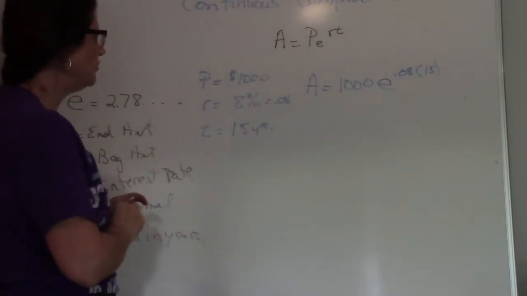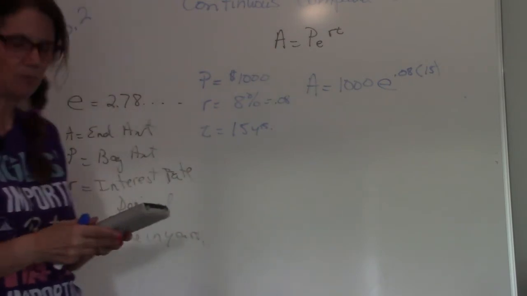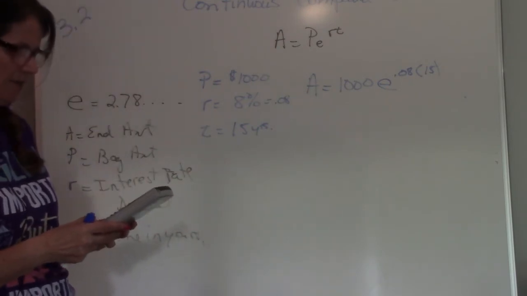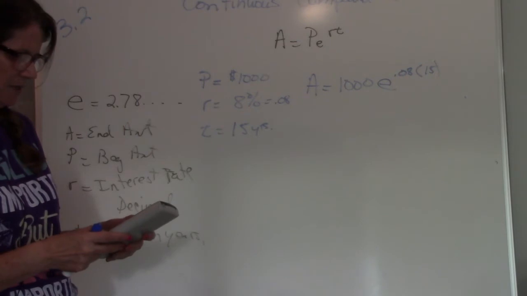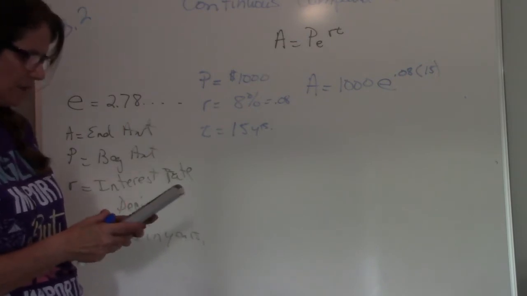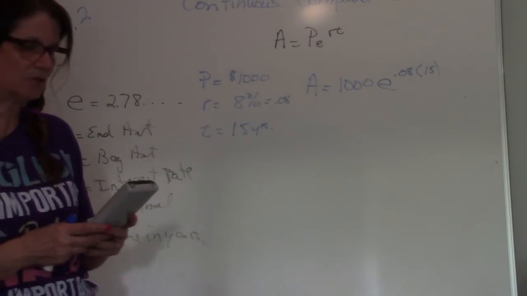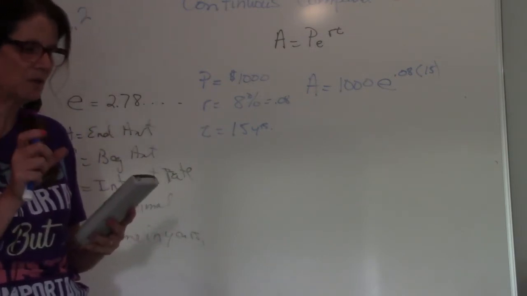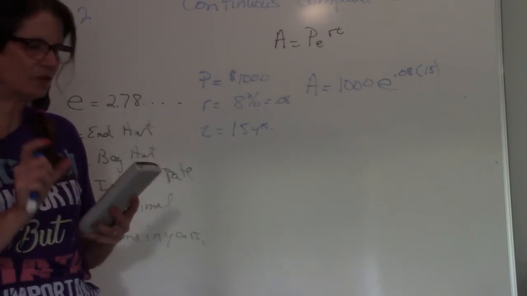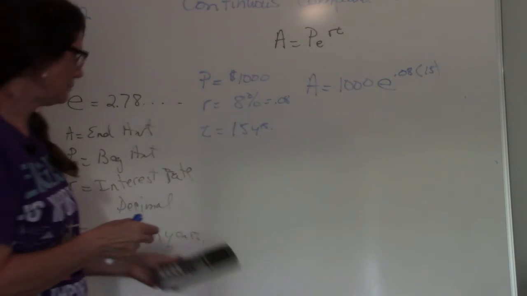With continuous compound interest, if you have all the information, you can just plug it in. So it's going to be 1,000 times e raised to the 0.08 times 15. Make sure that 0.08 times 15 is in parentheses because that tells the calculator that it is an exponent for e.